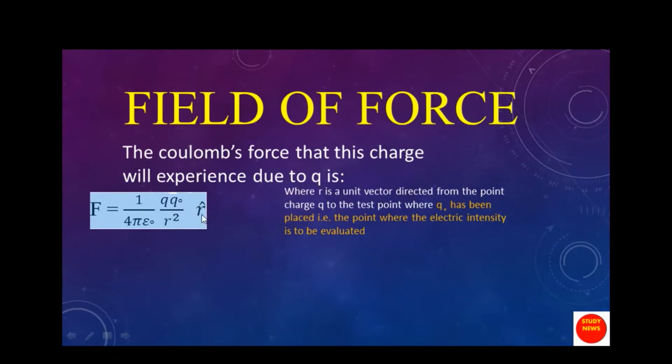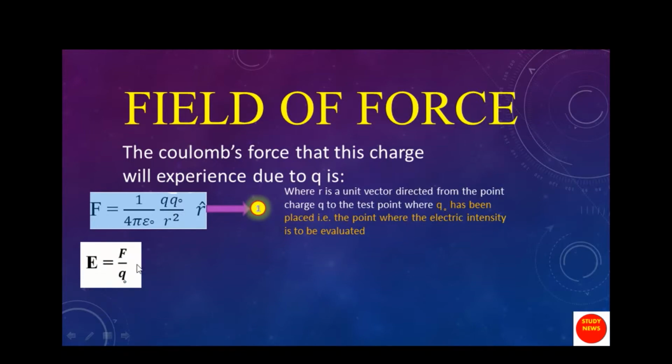Here r is a unit vector directed from the charge Q to the test point where Q naught has been placed, that is, the point where the electric field intensity is to be evaluated. I'm going to call this equation number 1.